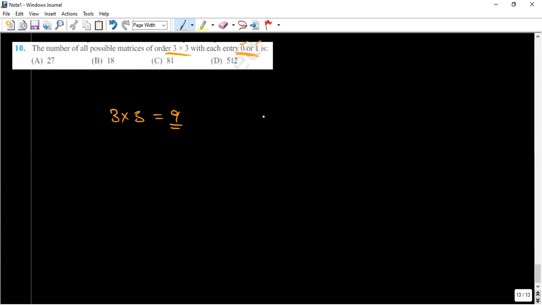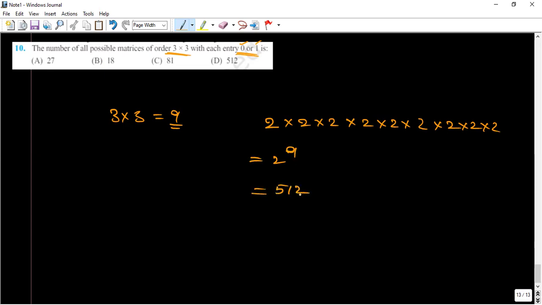If you multiply 2 nine times, 2 into 2 into 2, up to 9, we get 2 power 9, which is 512.